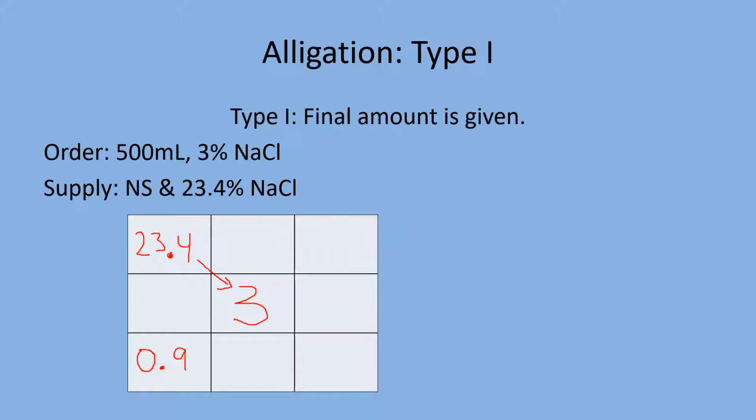Let's find the difference here. Looks like 20.4. And then the difference here is 2.1. All right, so let's add them together. 2.1 and 20.4 gives us a total of 22.5.